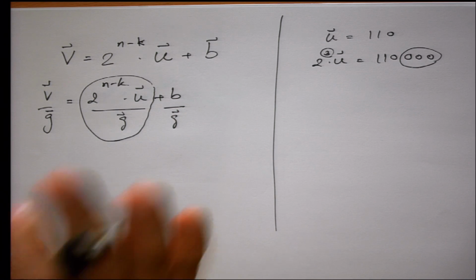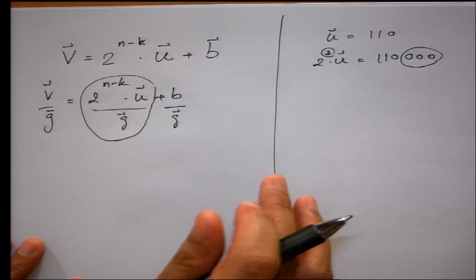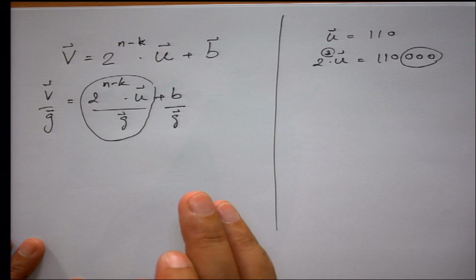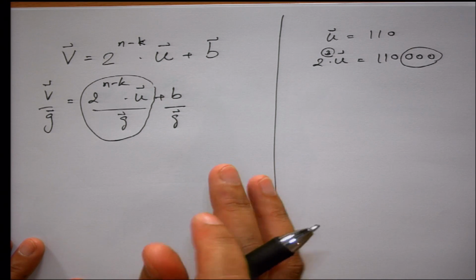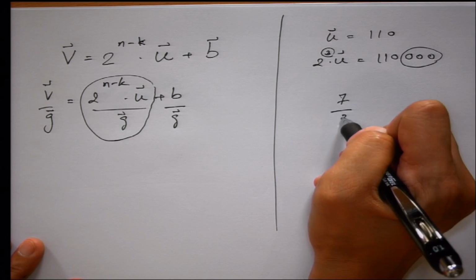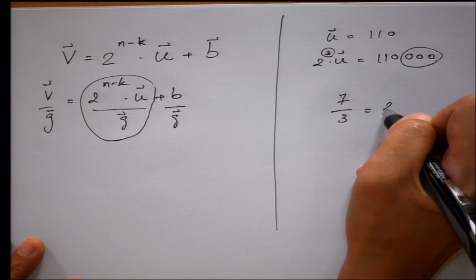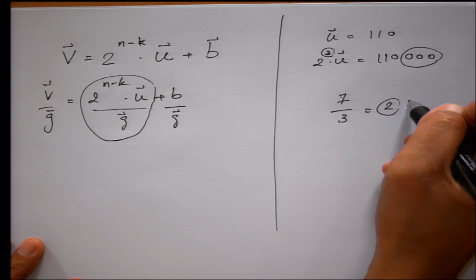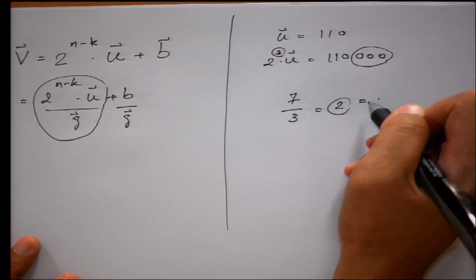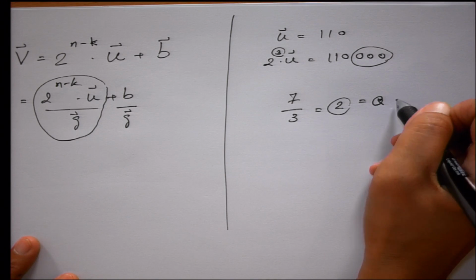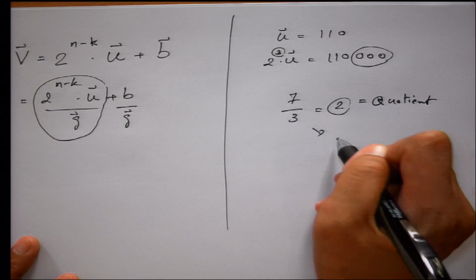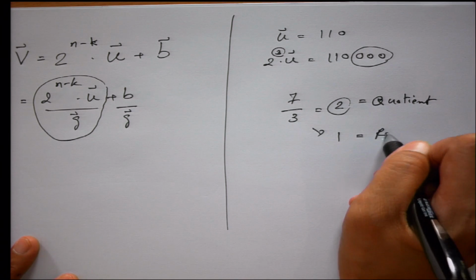If you have a number divided by another number, you can have a quotient and a remainder. For example, you have 7 divided by 3, you can have 2 as the quotient, and you have 1 as a remainder.